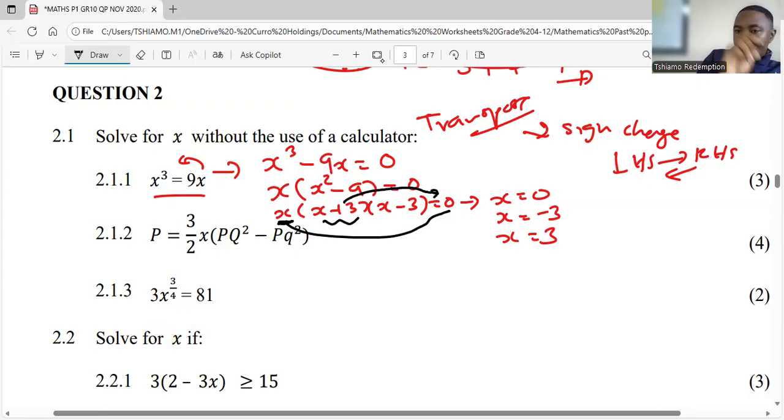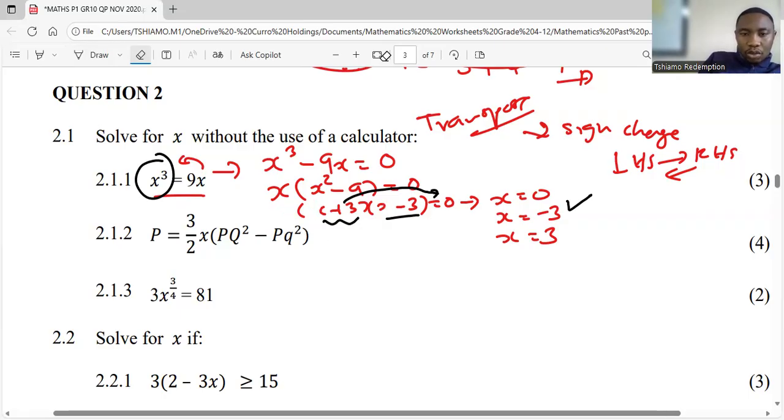Then I move the 3 to the other side. That's why I have a negative 3. x minus 3 equals 0 will give me a positive because I moved the 3 back to the right-hand side. So we're having 3 solutions because of this. Okay, so far, so good.